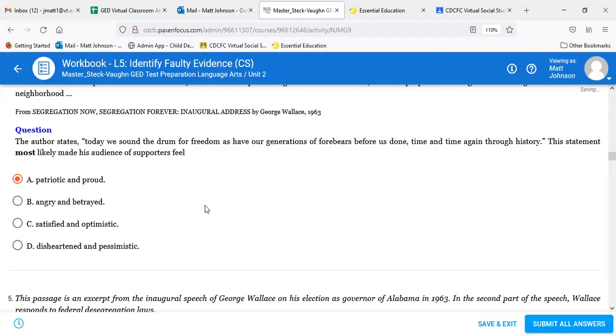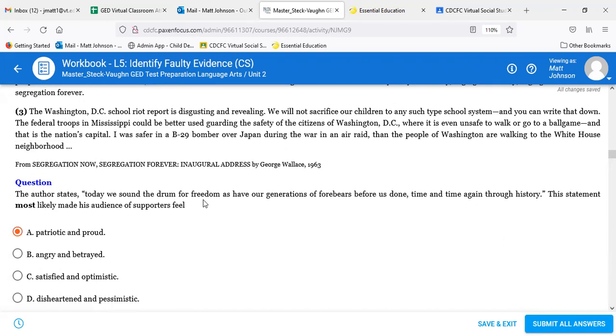So A, we sound the drum for freedom as our generations of forebears before us done time and time again through history. He's certainly proud, right? He is certainly proud to make a connection to the Confederacy, to Jefferson Davis. So that's his idea of patriotism and being proud by connecting Alabama in 1963 with the former Confederacy.